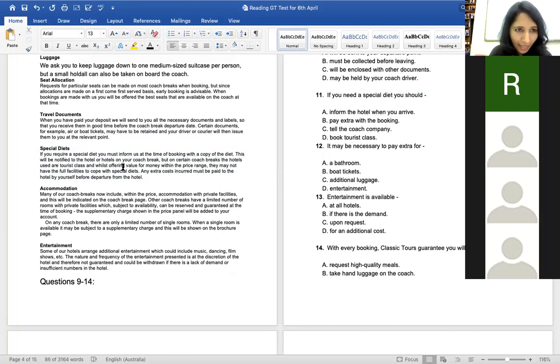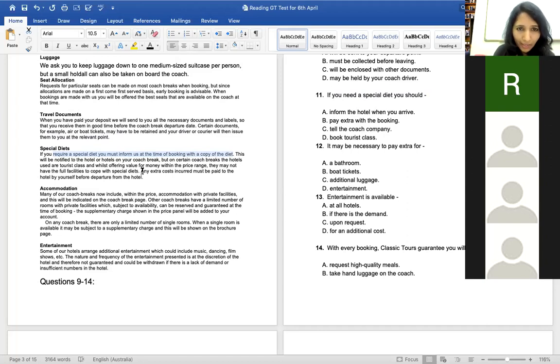If you require a special diet, you must inform us at the time of booking with a copy of the diet. This will be notified to the hotels on your coach break, but on certain coach breaks the hotels used are tourist class, and while offering, they may not have the full facilities for special diets.